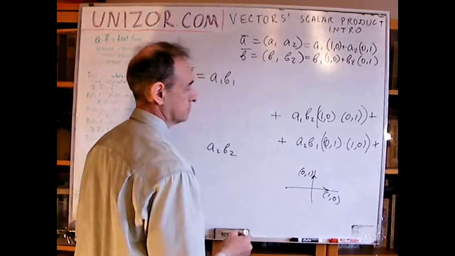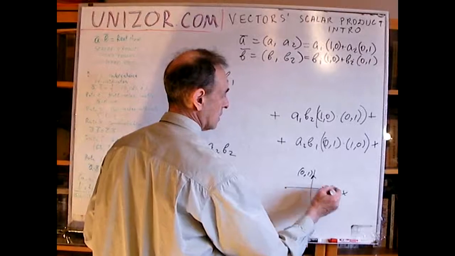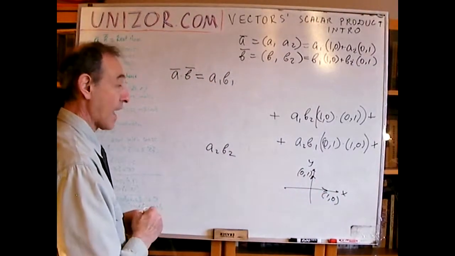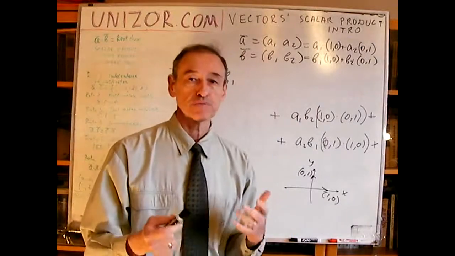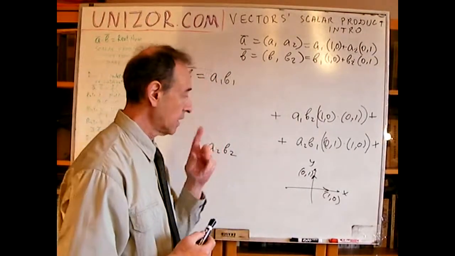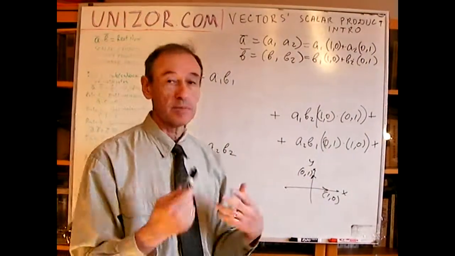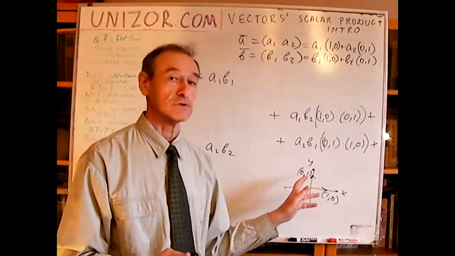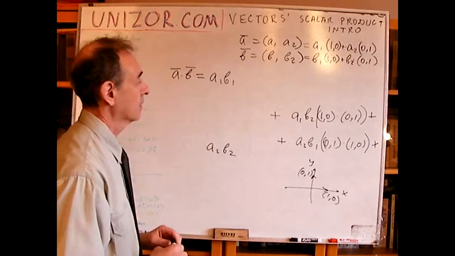One is along the x-axis, another is along the y-axis. So they are perpendicular to each other. So I cannot use this particular rule of unit vectors multiplied by itself equals to 1, because it's not by itself, it's two different unit vectors. Okay.